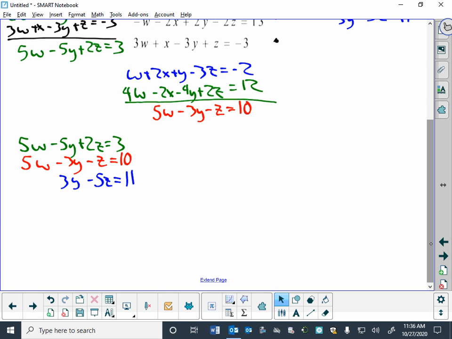I can see that in my blue one there is no w, so I'll get rid of the w as a combination of the other ones, because now I'm trying to get down to two equations that only have two variables.